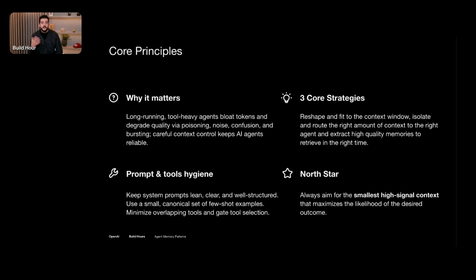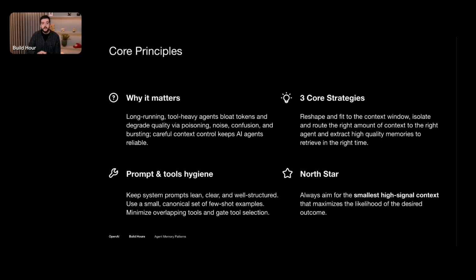Here is a nice summarization slide that talks about the core principles. Why it matters: long-running and tool-heavy agents bloat tokens and degrade quality via poisoning, noise, and confusion. We have three core strategies, as we discussed in the beginning: reshape and fit to the context window, isolate and route the right amount of context to the right agent, and extract high-quality memories to retrieve at the right time.